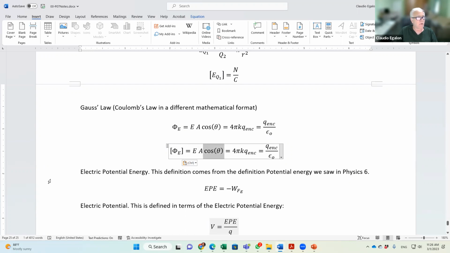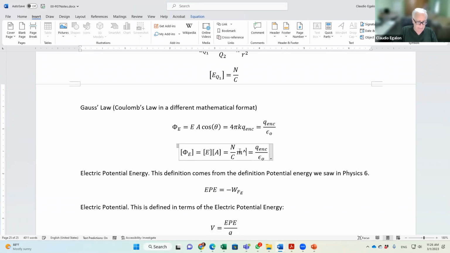Cosine of theta has no unit whatsoever. So we combine those units that you saw before: newton per coulomb, meter squared.